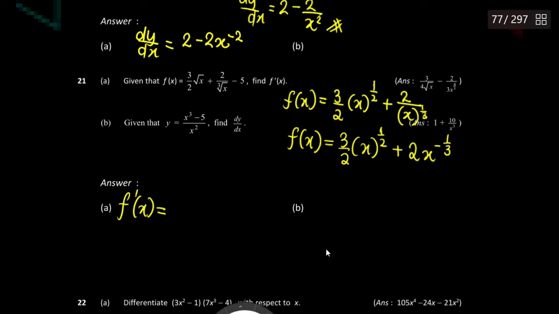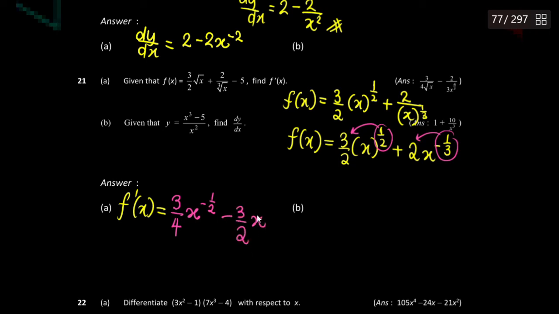we change color. 1 over 2 times 3 over 2 is 3 over 4 x. 1 over 2 must reduce by 1, isn't it? So minus 1 becomes negative 1 over 2. Then negative 1 over 3 times 2 is negative 2 over 3.